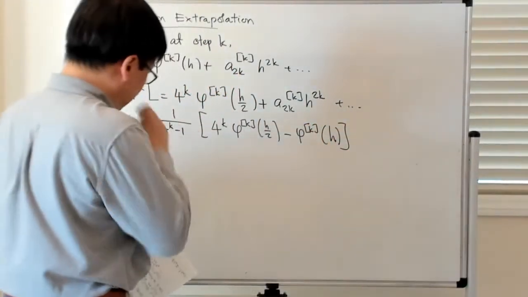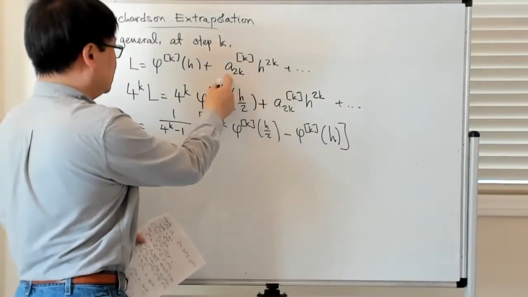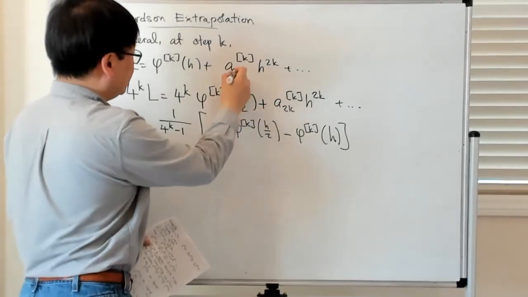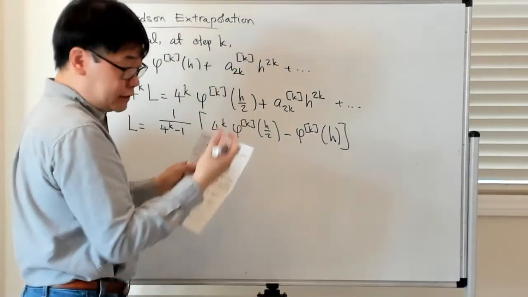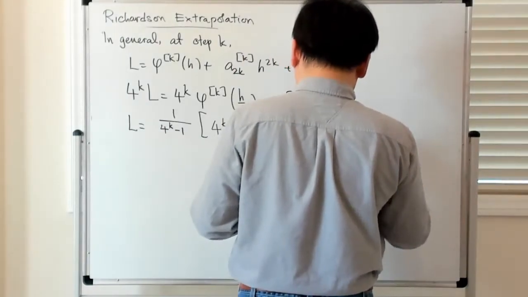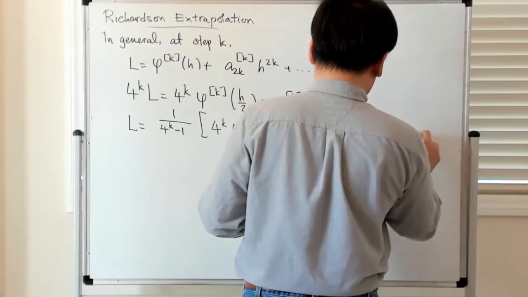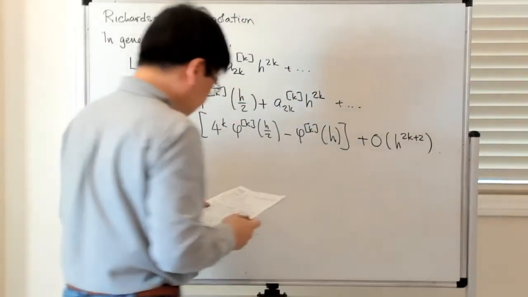And again, these factors are chosen so that the leading order error term agrees with this one here, and so when you take the difference, they cancel. And then the remainder is big O of h to the 2k plus 2. So that's the basic idea.